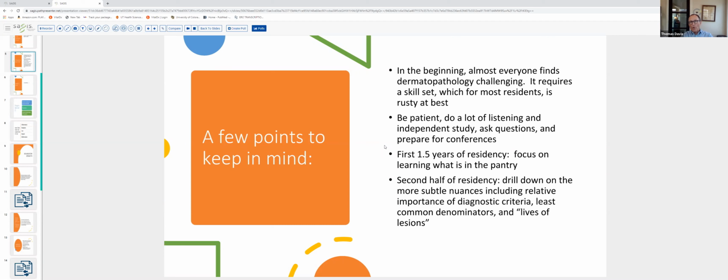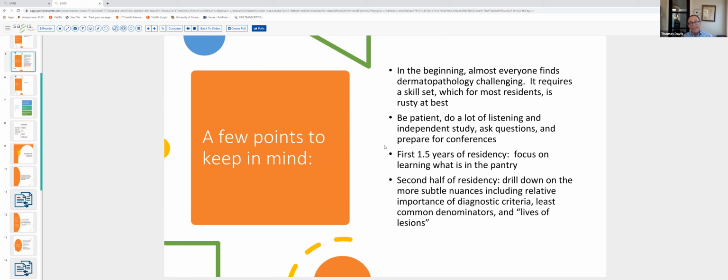Once you know what you're responsible for, you need to start considering the relative importance of diagnostic criteria. You pick up a textbook like Weedon's or Elston's, and they're really good, and they list all of these diagnostic criteria, but you have to know which ones are most important, the least common denominators, if you will.